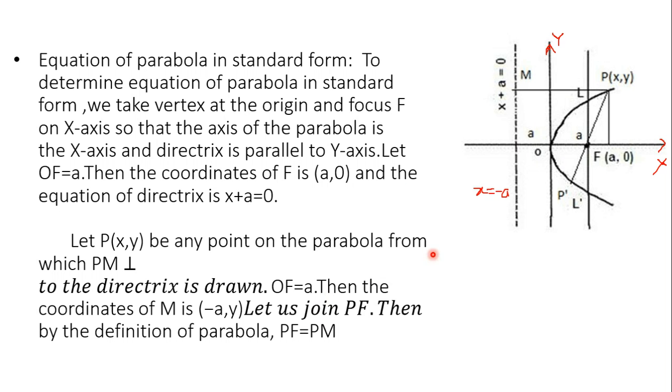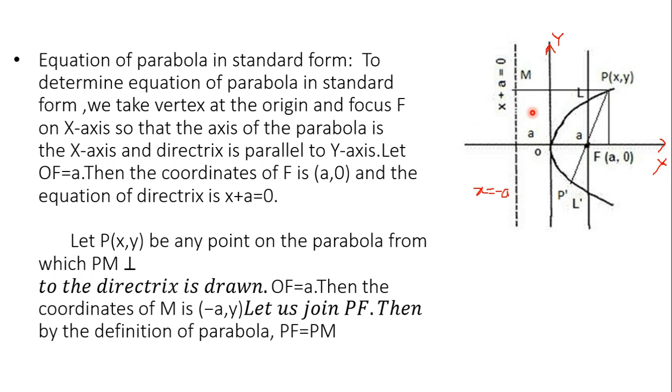The coordinate of M will be: it is a step left, so minus a, and y step up because it is perpendicular. This is y and this is also y, because this is a rectangle, so opposite sides of the rectangle are equal.